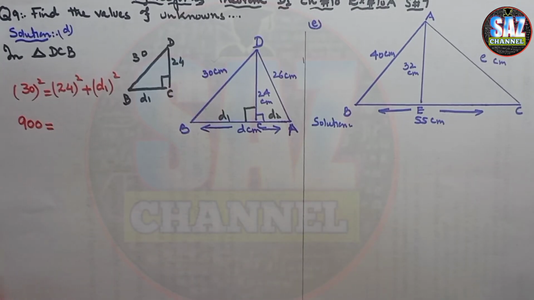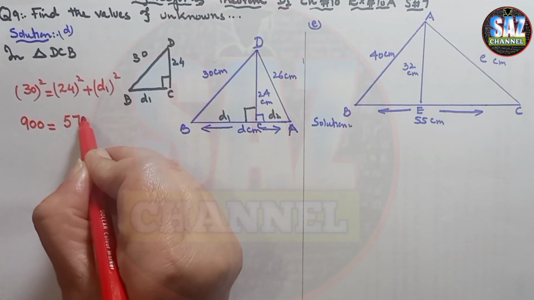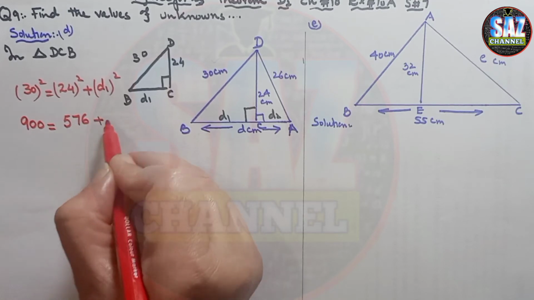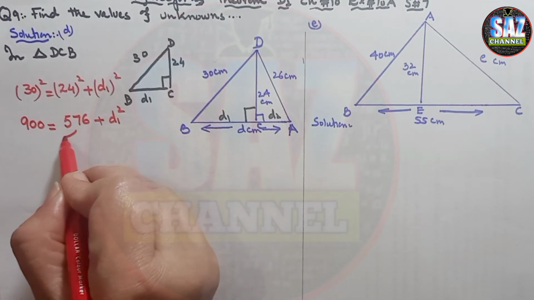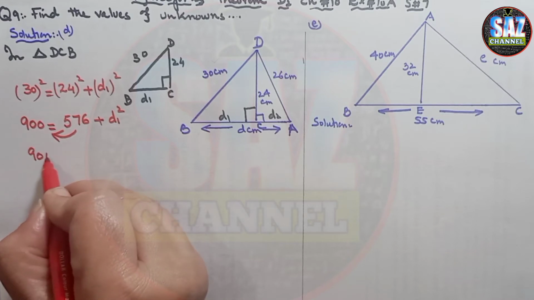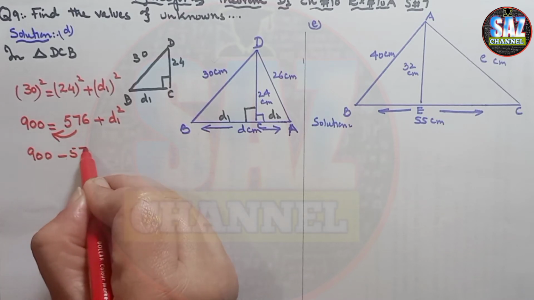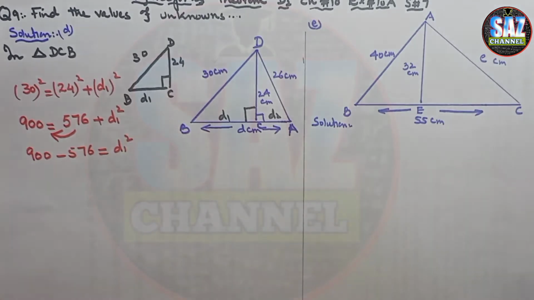So 900 equals 576 plus D1 square. Now we have to shift this 576 to the other side. 900 minus 576 equals D1 square.